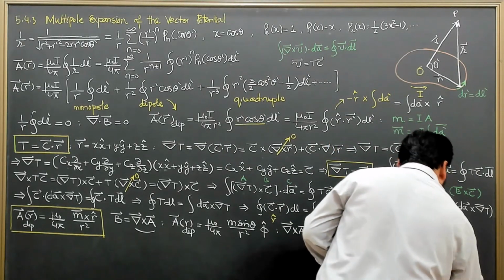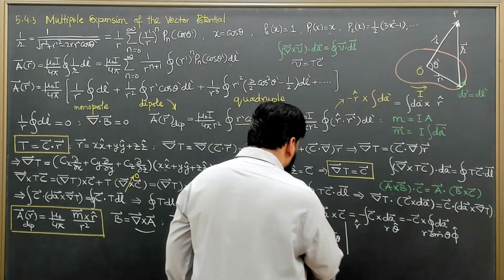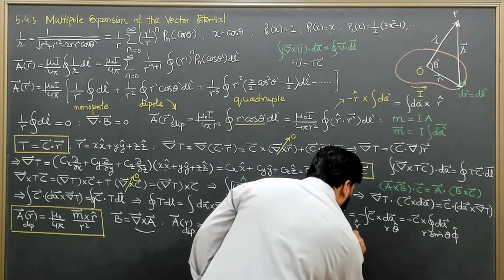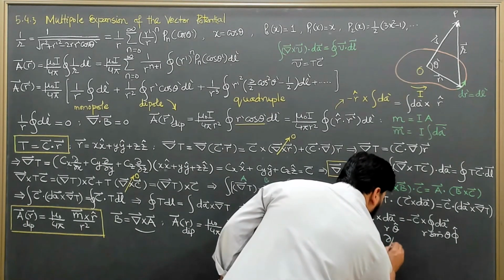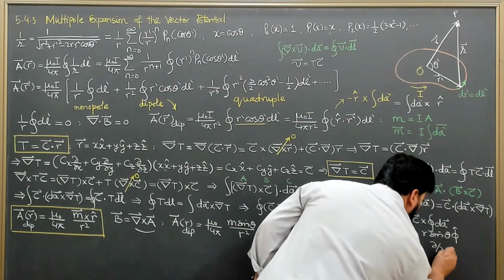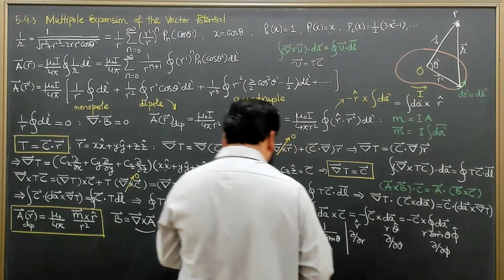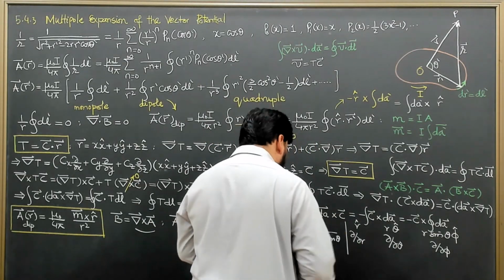We are writing it in determinant form. So we have partial over partial r, partial over partial theta, and partial over partial phi, the components of del.